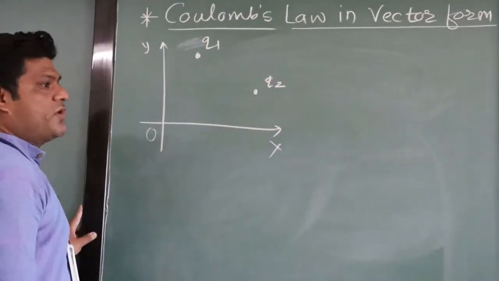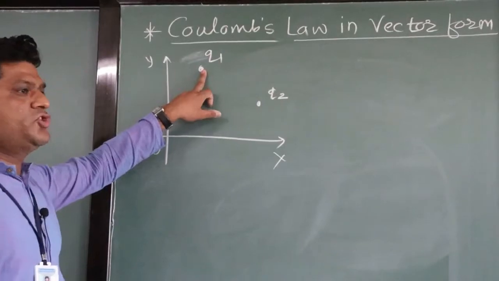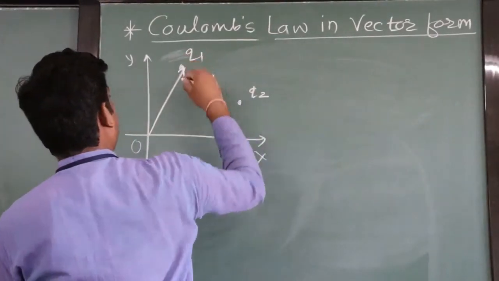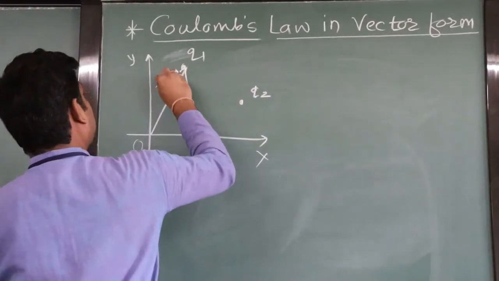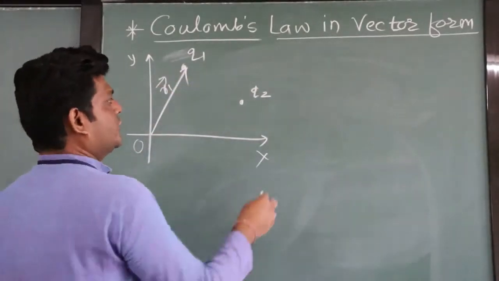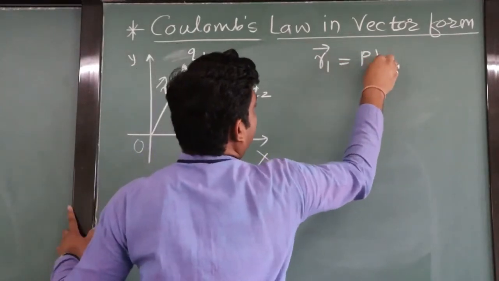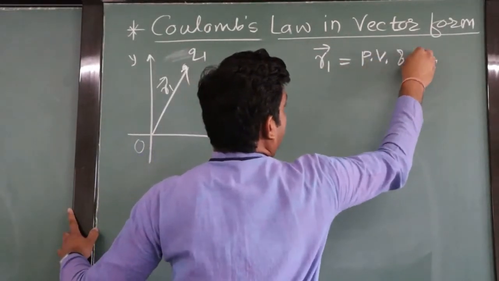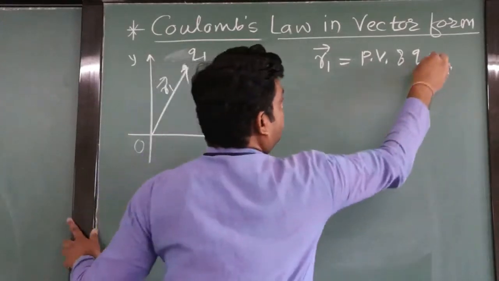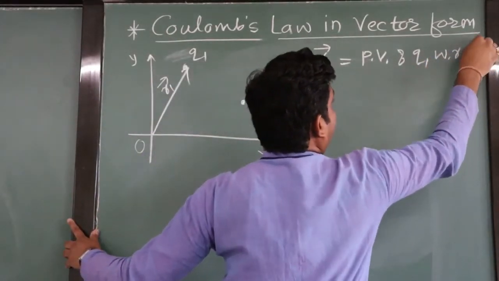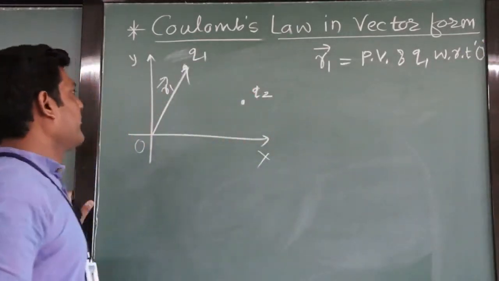here. What is the position of a charge with respect to the origin? That will be represented by a vector, and that vector is known as the position vector. So R1 vector is known as the position vector of charge q1 with respect to O, right?